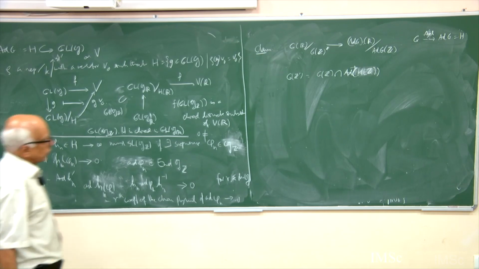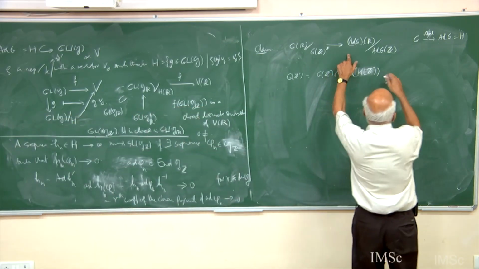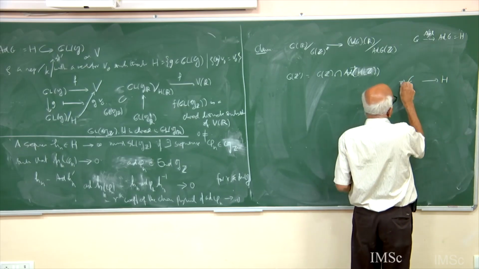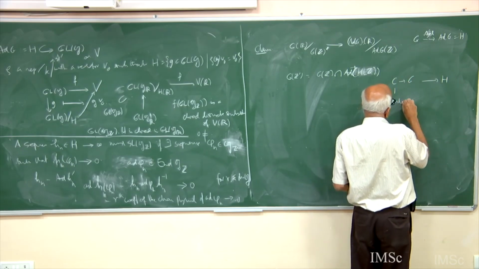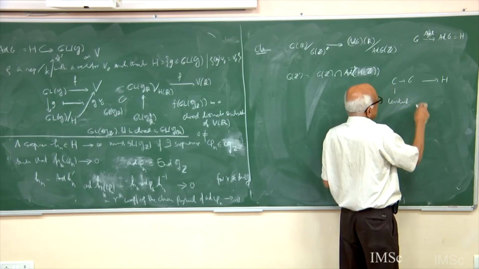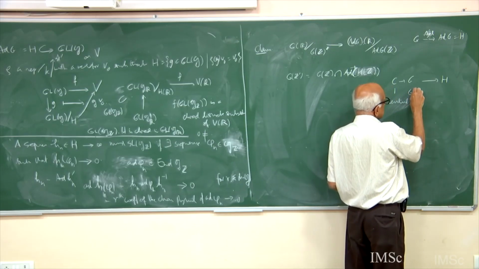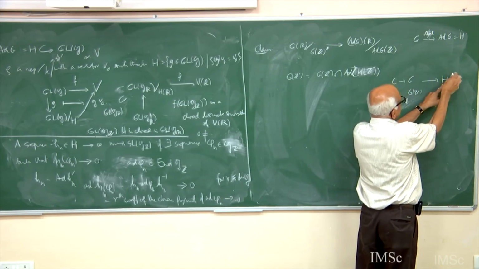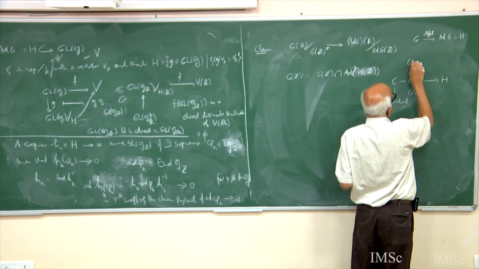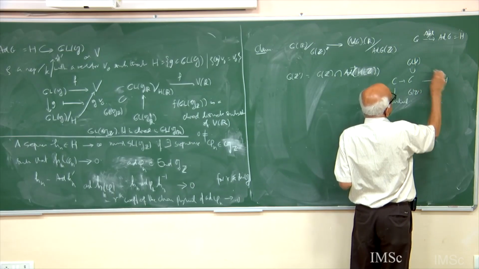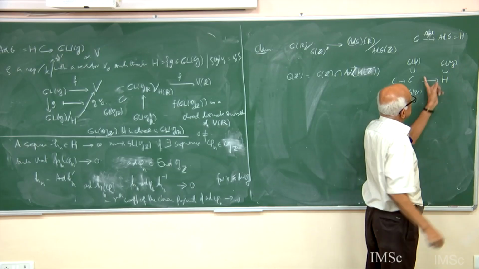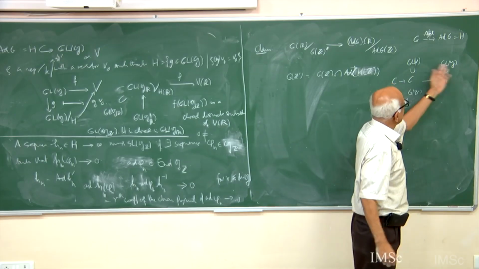So the situation is this. Let me write G to H with some kernel C which is central. I take GZ here, but GZ may not map into this. These are in different spaces: this is in some GL of V, this is in GL of the Lie algebra, through the adjoint representation. These are different vector spaces.